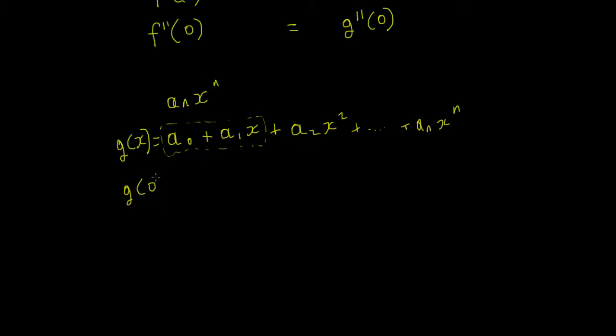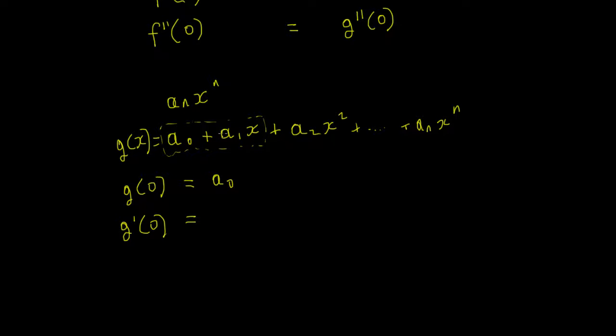We'll look at g of 0. That is just going to be equal to, well, everywhere you see an x you put a 0 in, so all of these x's are zeros, and you're just ending up with a0. Now g derivative of 0: when we differentiate this once, the a0 disappears as a constant.